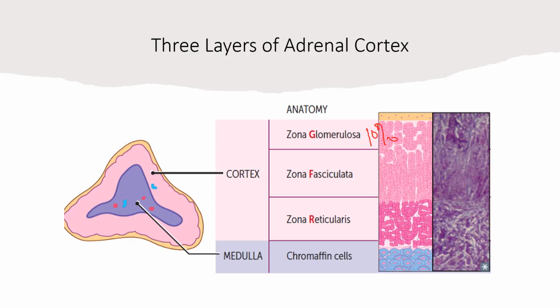The zona fasciculata, which is now at the middle, no? The middle portion of our adrenal cortex, which accounts for 75% of the adrenal cortex. And lastly, we have your zona reticularis, which is 15% of our adrenal cortex.